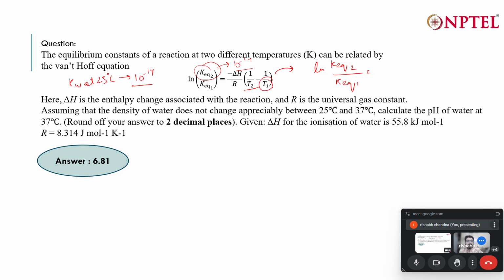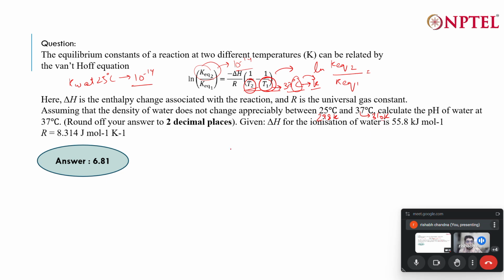And T1 is 37. Whenever you are equating the temperatures, they have to be in Kelvin, so you have to convert degrees Celsius to Kelvin. For 25 it would be 298 Kelvin, and for 37 it would be 310 Kelvin.